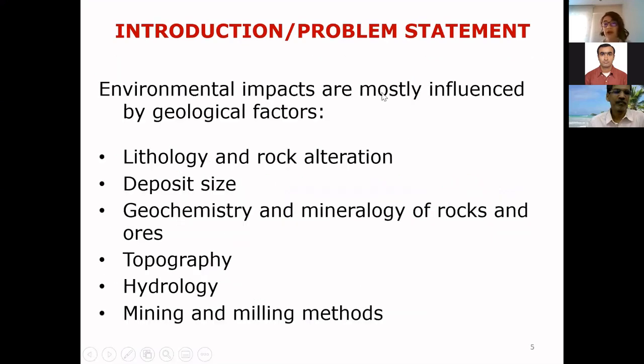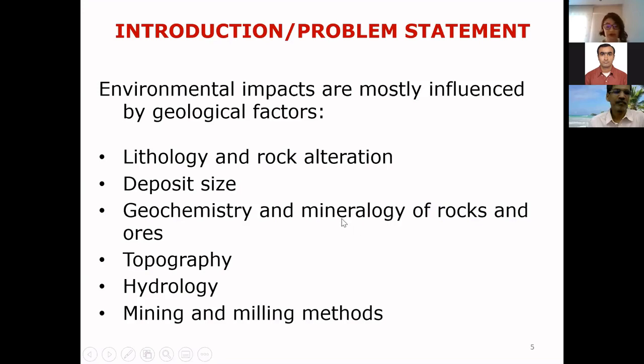Environmental impacts are mostly influenced by geological factors. For example, lithology and rock alteration are the source of contamination. Natural rocks include minerals, and when we excavate them, rocks break into small pieces, and some minerals can have a detrimental effect when exposed to air, and we will talk about this also.